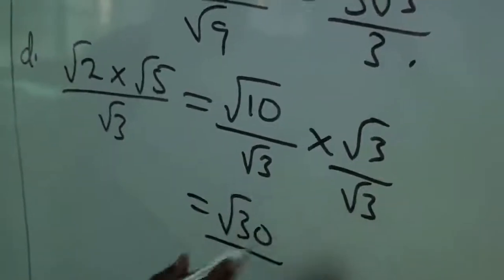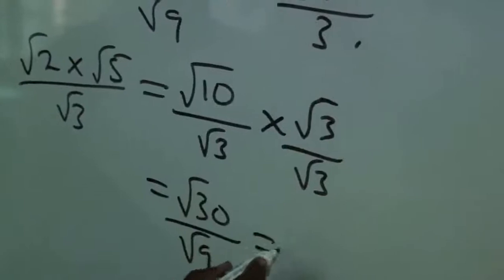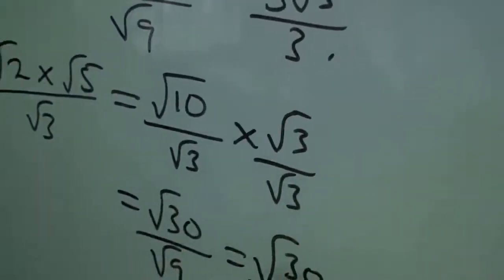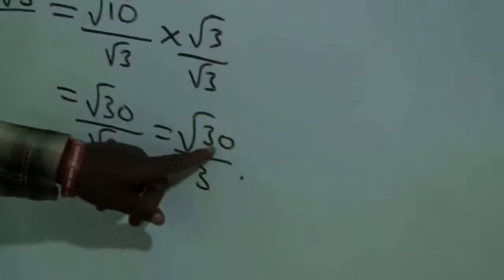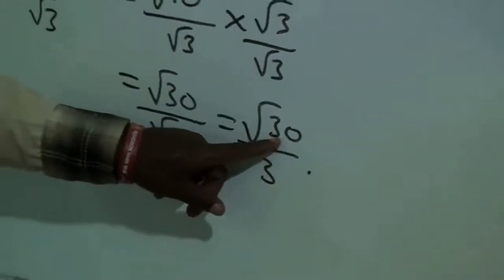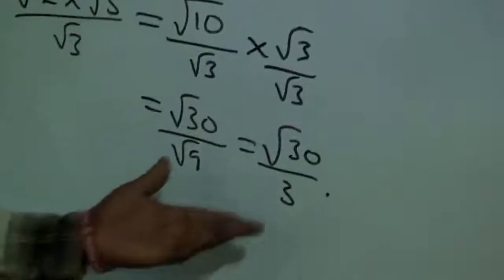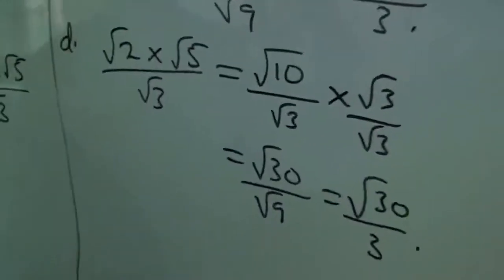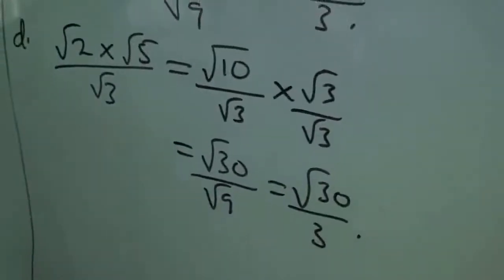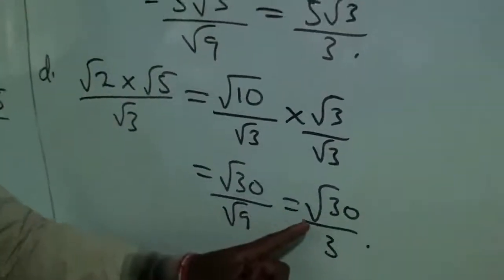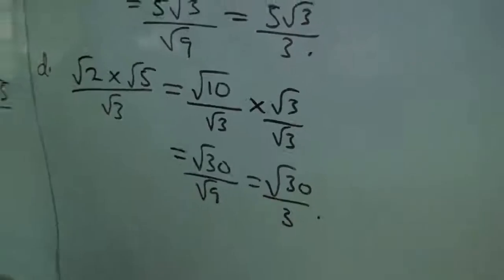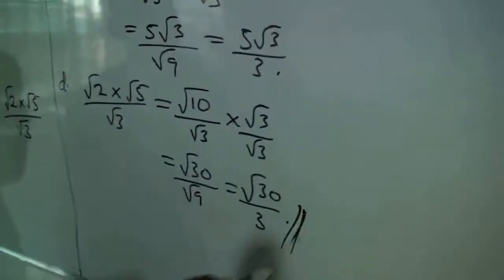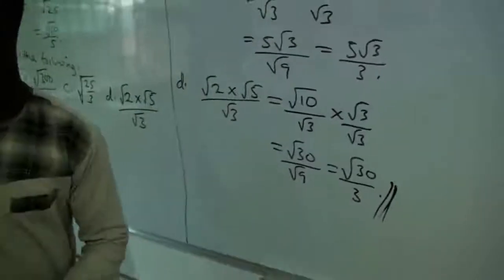Root 3 times root 3 will give us root 9, and that is root 30 all over 3. Now if you look at it, 30 does not have a factor that is a perfect square, and therefore we can leave it as it is. But assuming we have something like root 50 over 3, of course we will have to break the root 50 down to its basic form before we leave it like that. So that is that on division of surds.